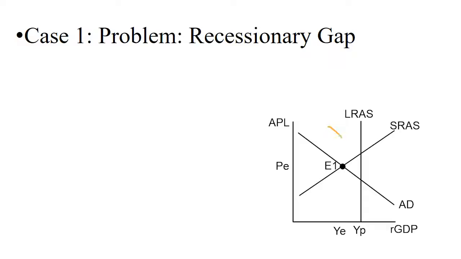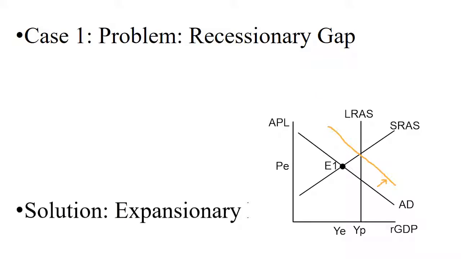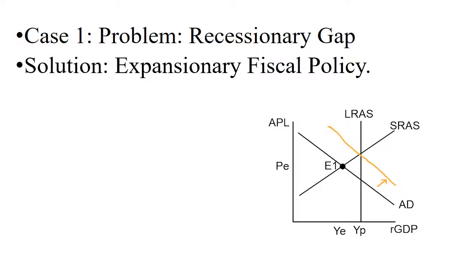If AD shifts to the right, that would close in our gap. So if AD is shifting right, is that going to be expansionary or contractionary fiscal policy? It's expansionary. Expansionary because it's a right shift, and fiscal policy because AD will be the line that is moving to shift to the right.